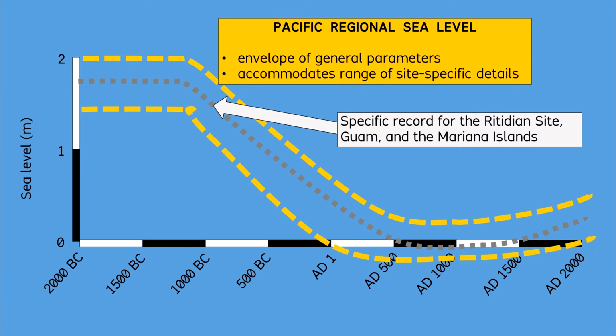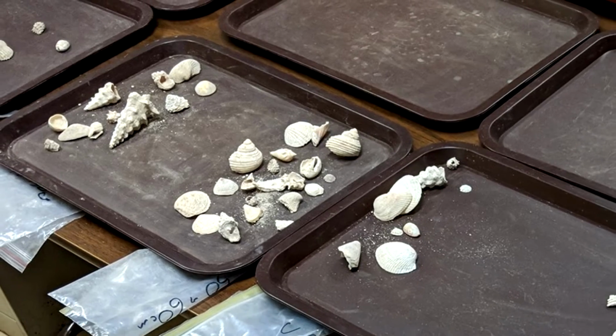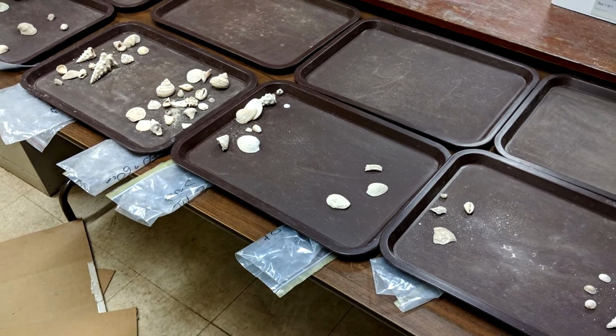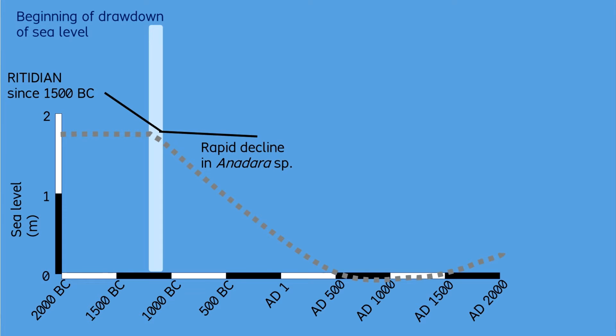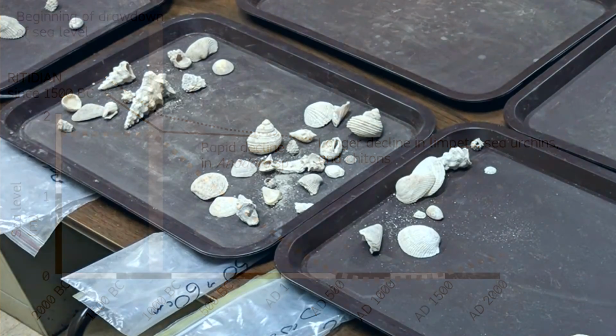Furthermore, at the Ritidian site, the shellfish records showed a significant change, starting at the same time as the lowering sea level. Certain of the shellfish may have been over-harvested by people, but others probably could not have survived in healthy numbers through the impacts of the natural lowering of the sea level.